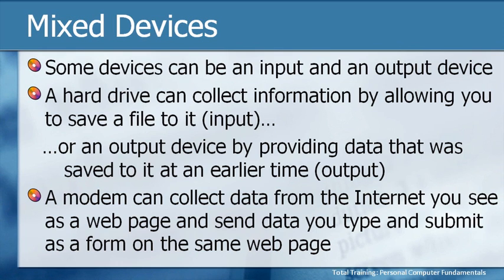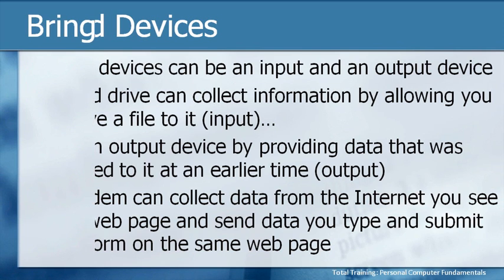But a modem can collect data from the internet and show it to us as a web page. And then it can send data that we type into and submit as a form on the same web page. So when it's collecting information from the internet, it's getting input. When we type information into a web page, the keyboard is also inputting information. And then when we send that information, the modem is acting as an output device, outputting information from our form to some other place on the internet.